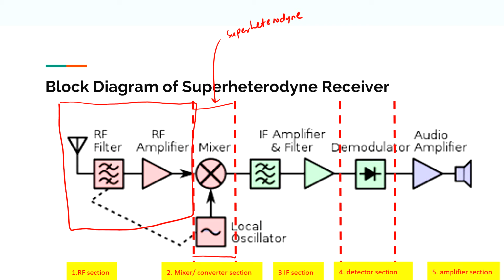In the mixer, it will produce the output frequency FIF. So this is FRF and this is FLO. And then the intermediate frequency will go through the amplification and filter in the IF section, and then go through the detector section and amplifier section.